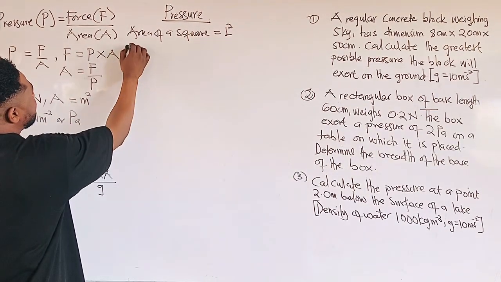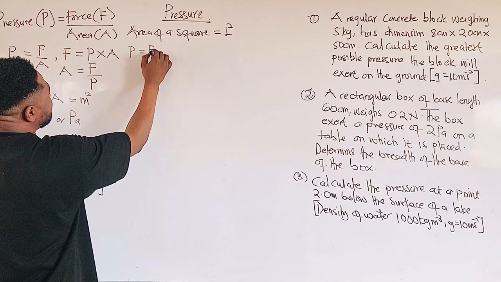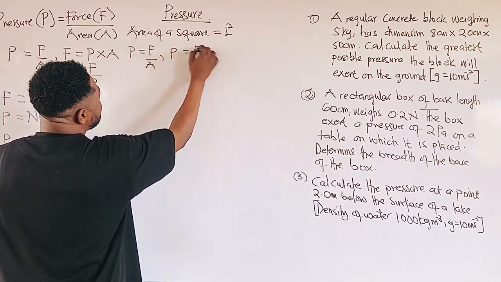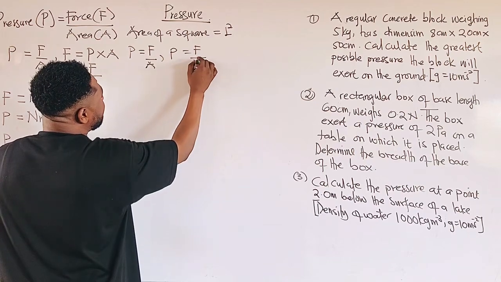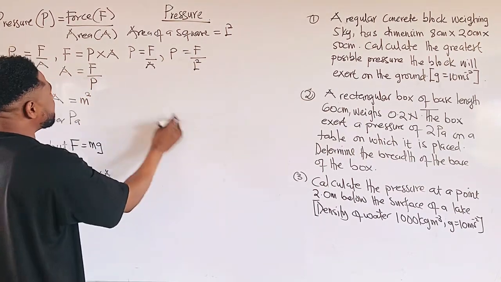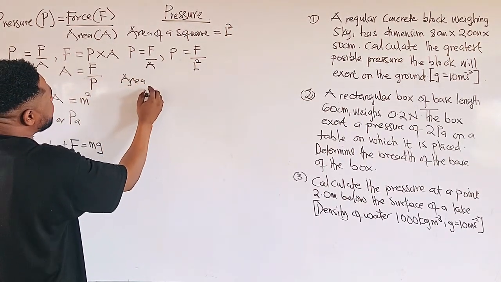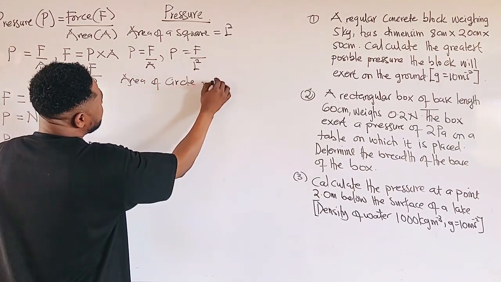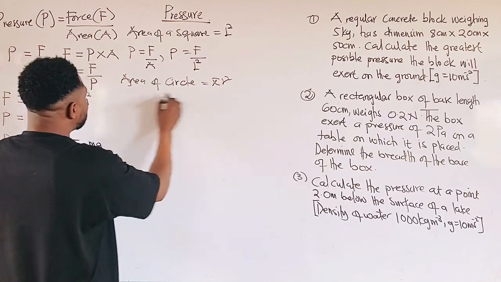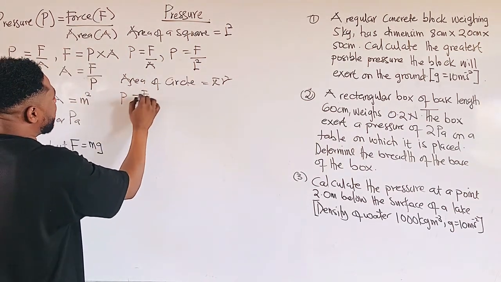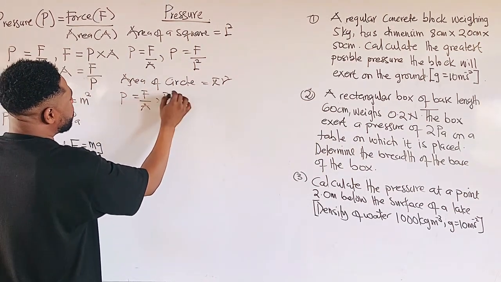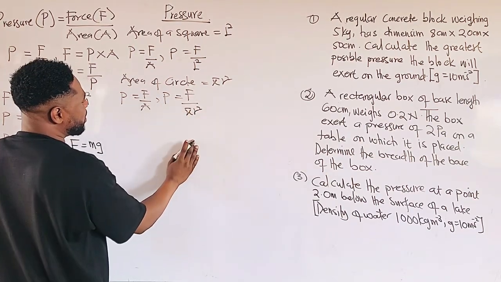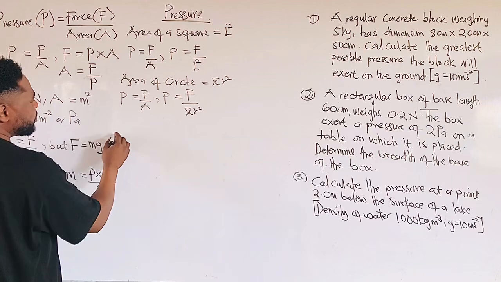So mathematically, our pressure, which is force divided by area, will be given as force divided by L square, as we can see on the board. If it's a circular object, the area of a circle is pi r square. So our pressure, force over area, will be the force divided by pi r square, where r is the radius.